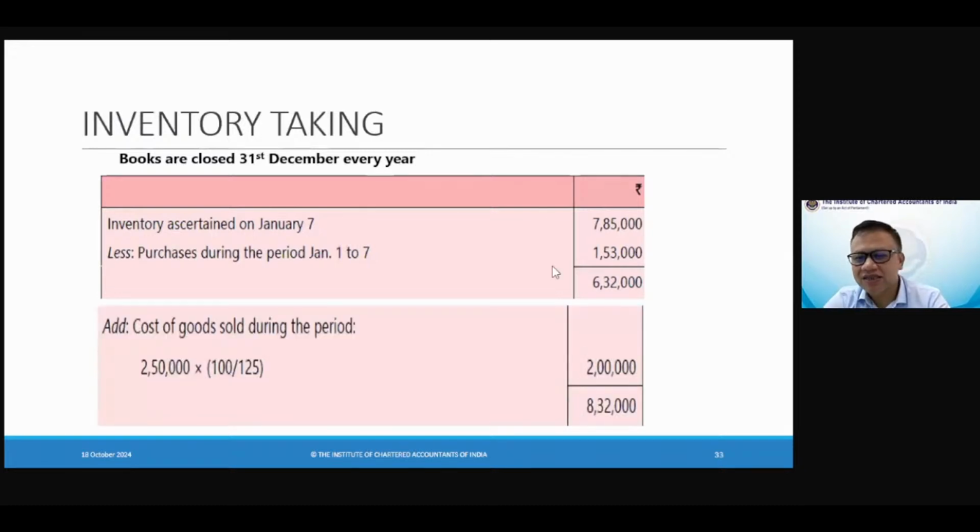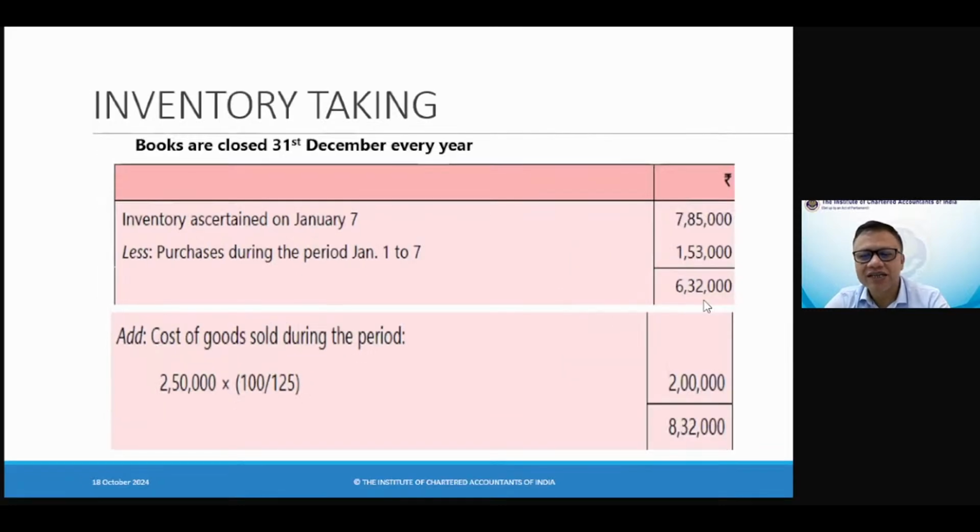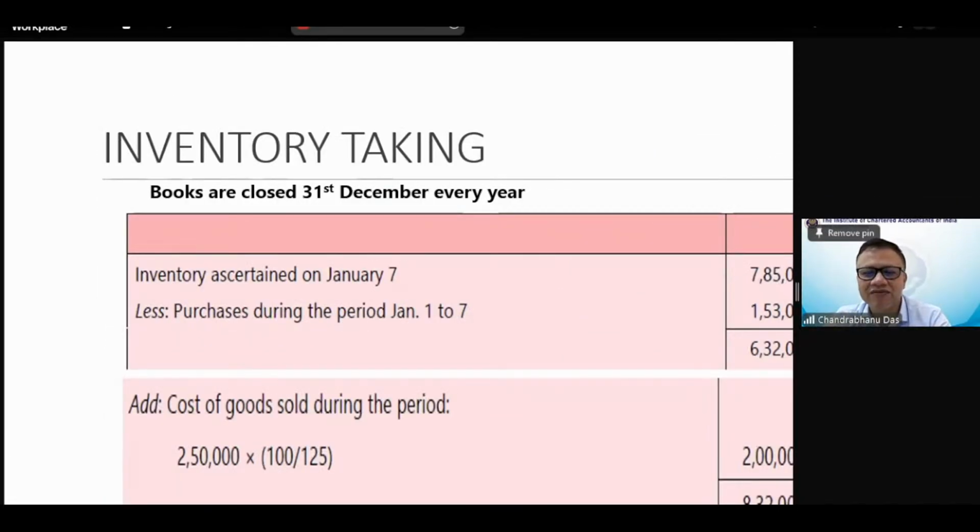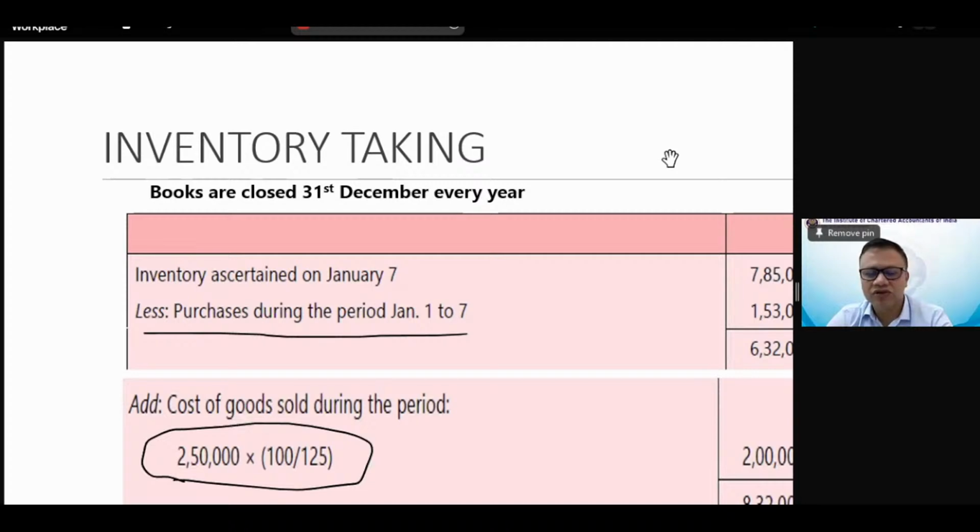Deduct the purchases of 1,53,000, so you get 6,32,000 as the inventory. To that, you add the cost of goods sold during the period. The cost of goods sold is 2,50,000 into 100 by 125, because your markup is 25% on cost. So you get 2 lakhs. Total is 8,32,000. You deduct the purchases and add the cost of goods sold during the period, and you get the answer.